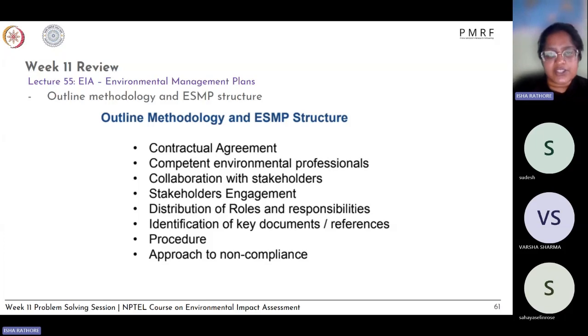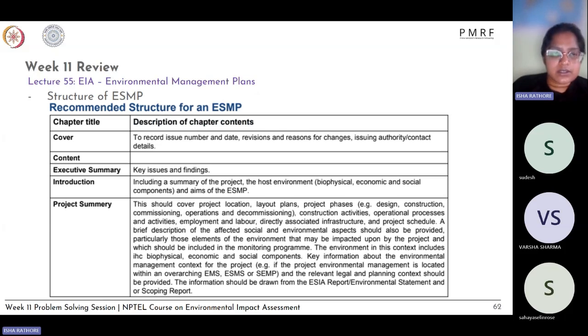So you have the contractual agreement, competent environmental professionals, collaboration with stakeholder engagement, the distribution of roles and responsibilities, identification of key documents or references, and the procedure and approach to non-compliance. So this is the recommended structure for the environmental management plan. This is how this comes in your EIA report as well.